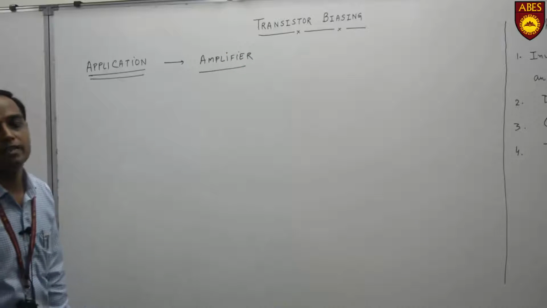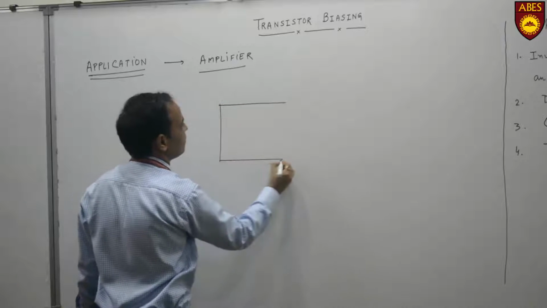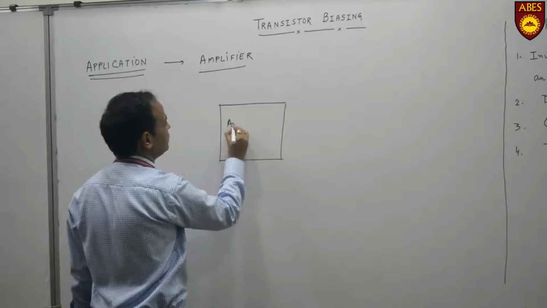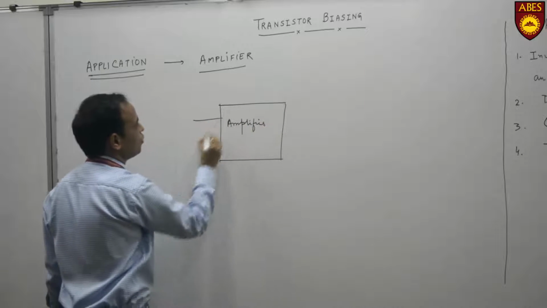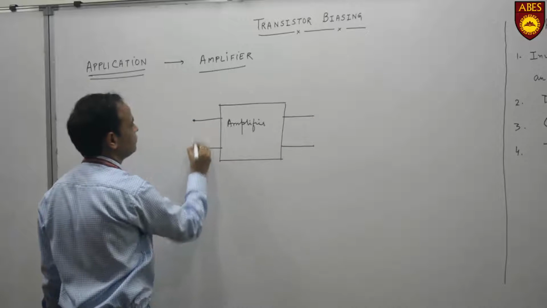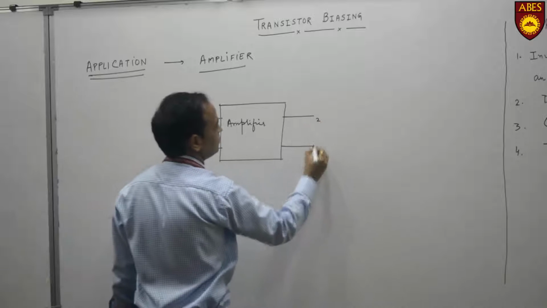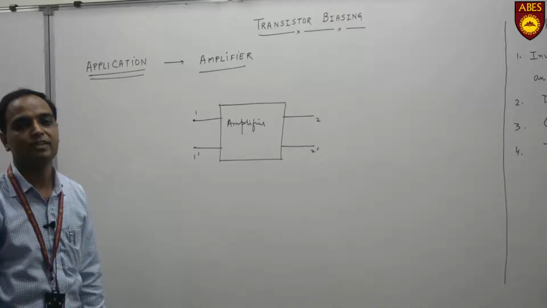Let's define what is an amplifier. An amplifier is basically a two-port network through which we enhance the weak signals.